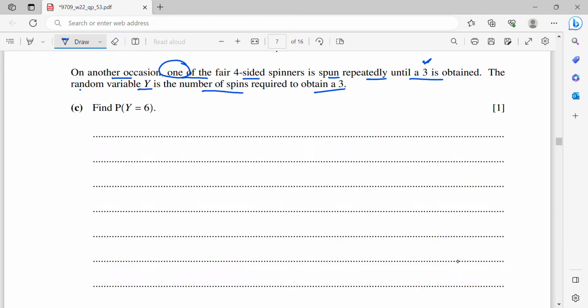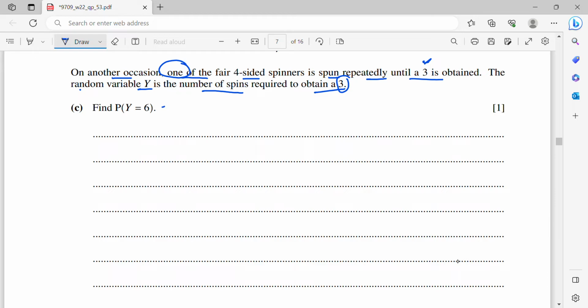So when P(Y=6) means that you need to spin 6 times, and the 6th result will be the 3. When you spin 6 times, on the 6th spin the spinner will land on 3. That's the meaning of P(Y=6).